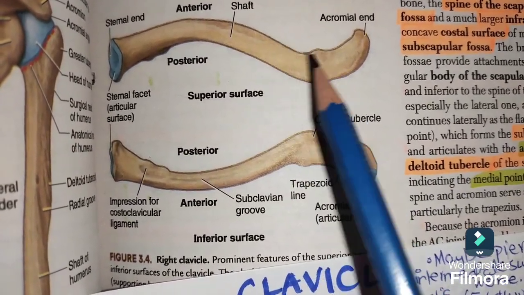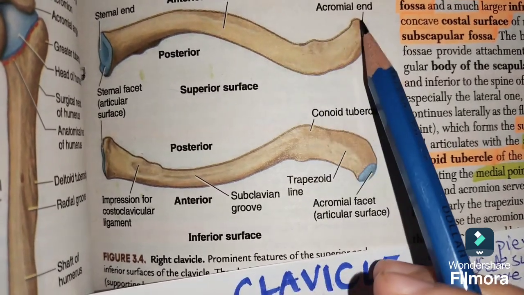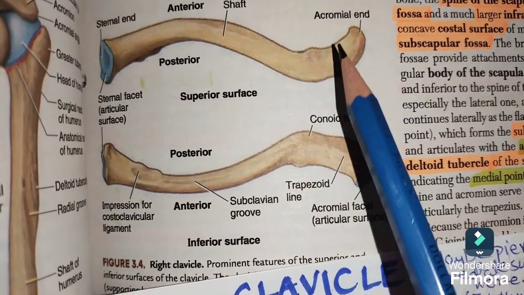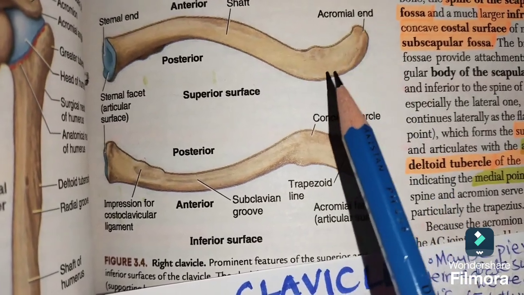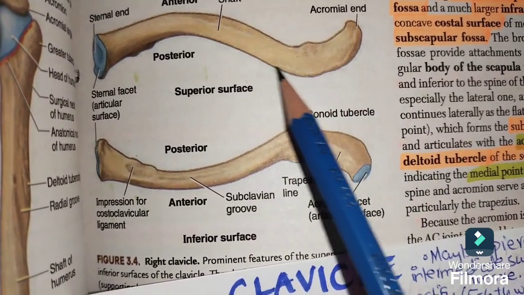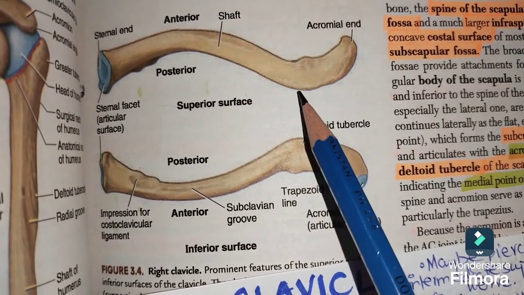So if we look from the superior aspect, this is the anterior border of the acromial end or the lateral one-third of the clavicle, and this is the posterior border.